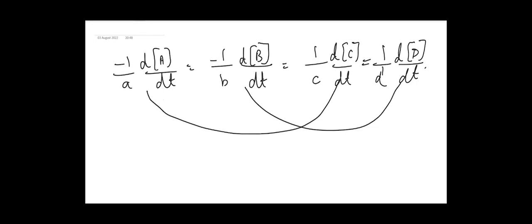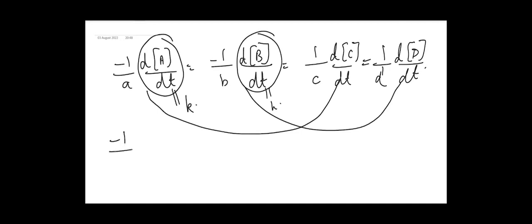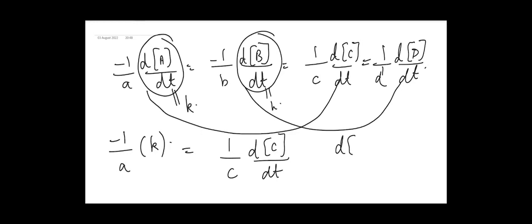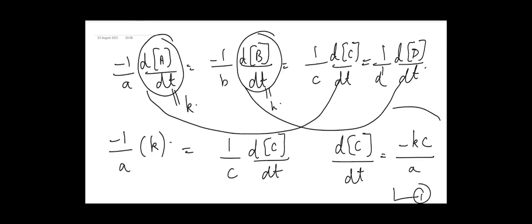We have already been given that dA by dt is K, and dB by dt is H. So now we can connect the first term and the third term here, and write minus 1 by a into K is equal to 1 by c times dC by dt. So now dC by dt is equal to minus Kc by a. Now this we can keep as equation number 1.